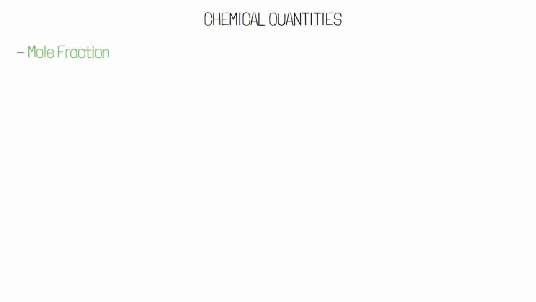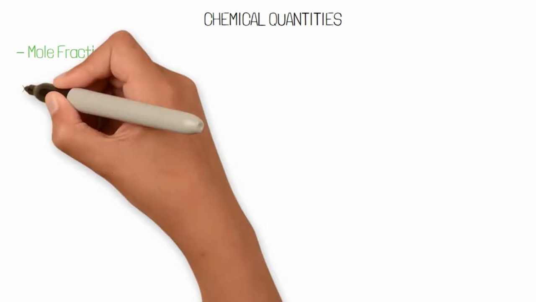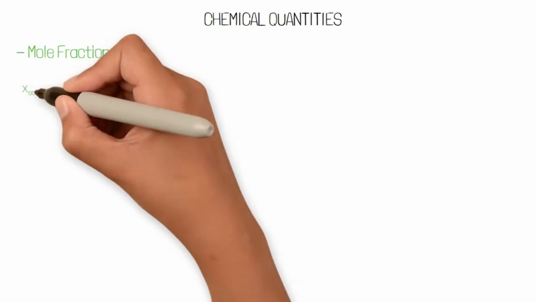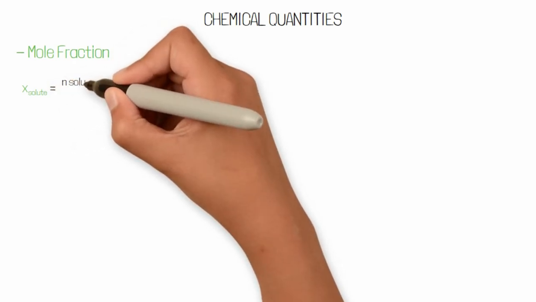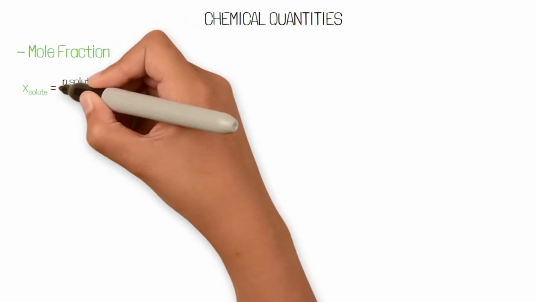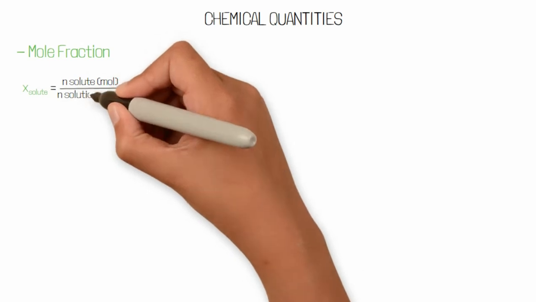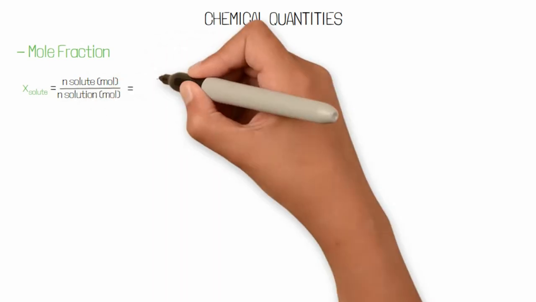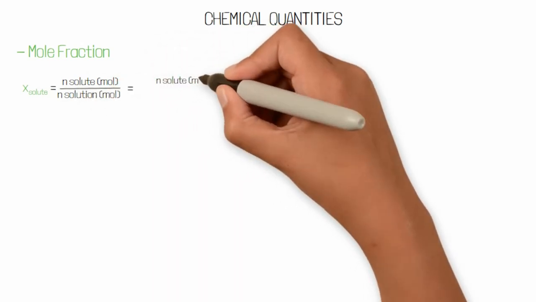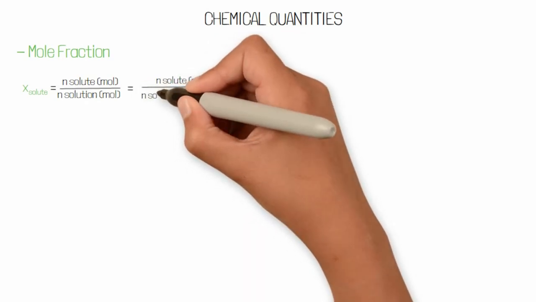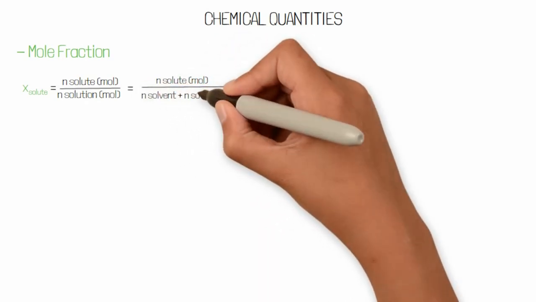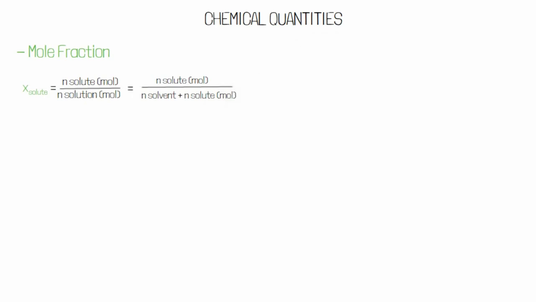So, the mole fraction of a solute, for example, is expressed as the mole of solute divided by the mole of solution. This means that we have mole of solute on the top, and on the bottom we have mole of solvent plus mole of solute.